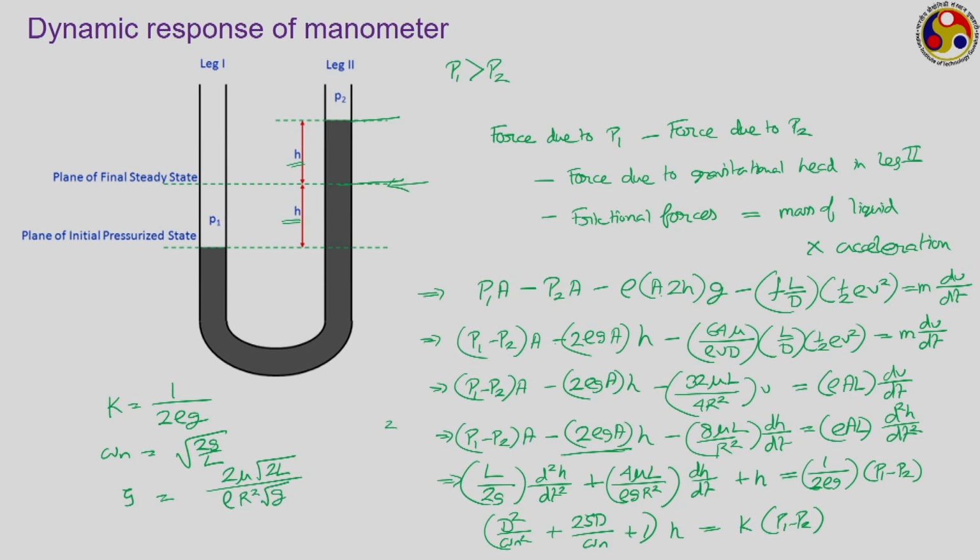So, we have the natural frequency, this is the corresponding damping coefficient, and we have the static gain as well. So, a simple U-tube manometer can be viewed as a second order instrument with this particular form. And this way we can perform any kind of dynamic analysis, just the way we perform dynamic analysis for any second order system, we can do the same on the manometer.